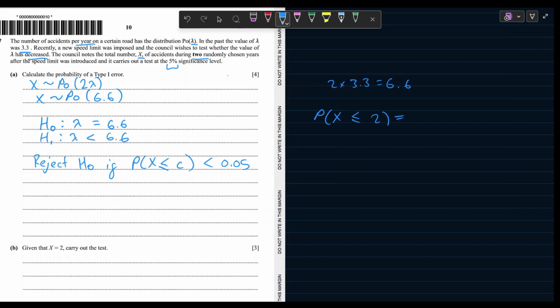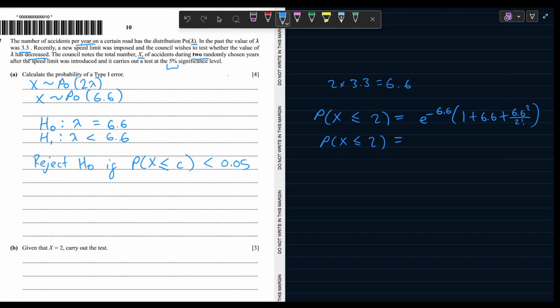That's e to the negative 6.6 multiplied by 1 plus 6.6 plus 6.6 squared over 2 factorial.